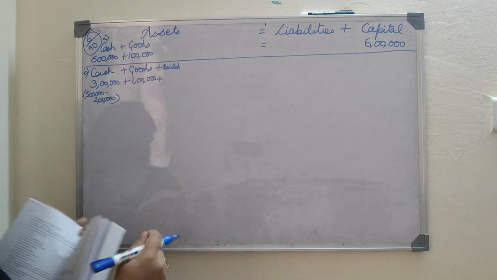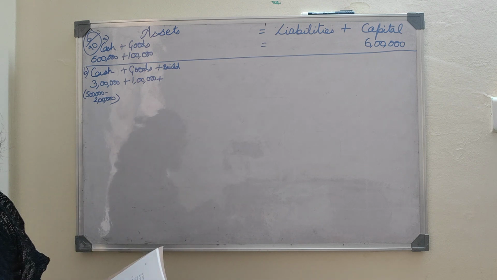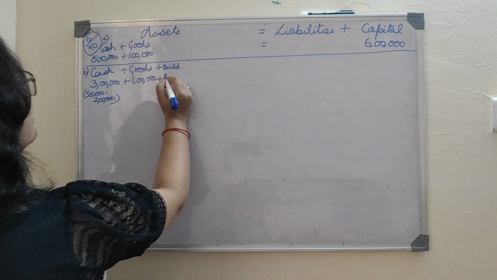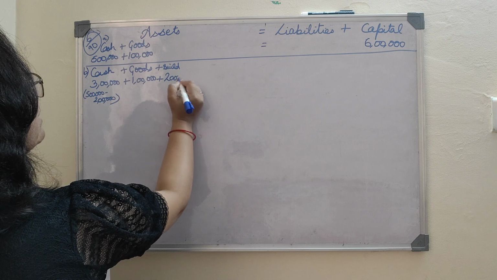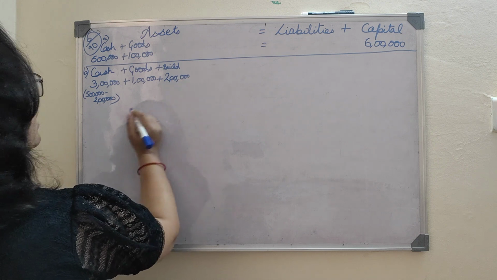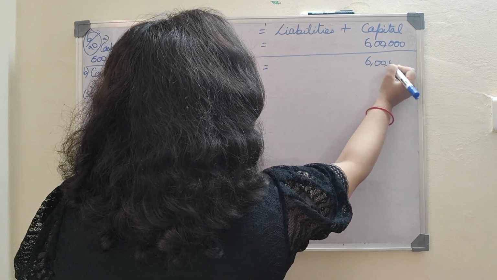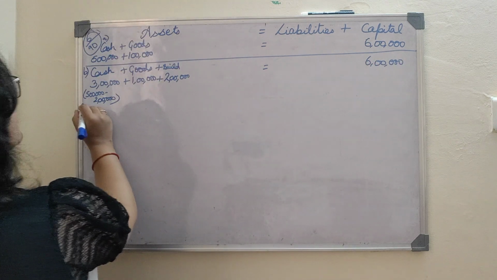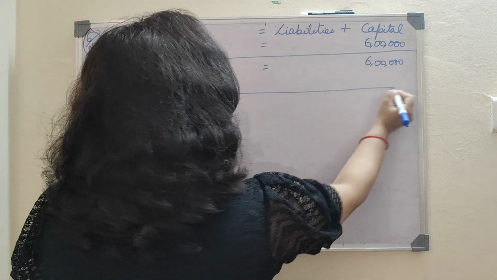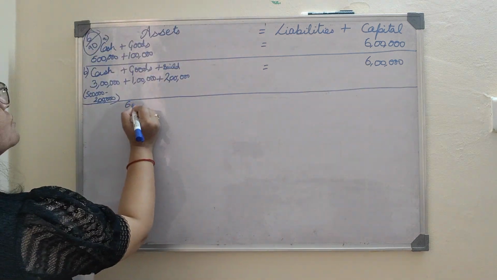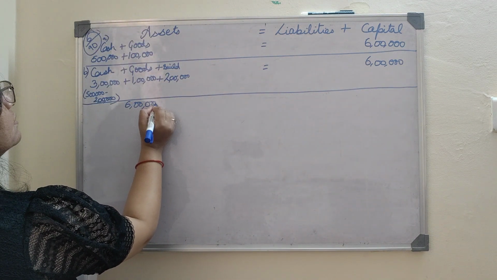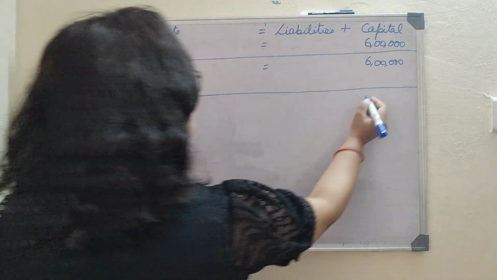I am writing in short only because all the details are not required. You should only be clear with what heads you are using. 2 lakh. And this side remains the same because we have used cash to purchase building. So the total again comes to 6 lakh.